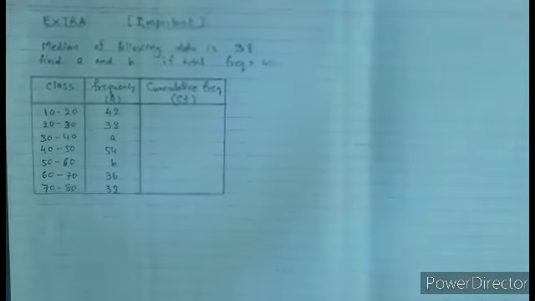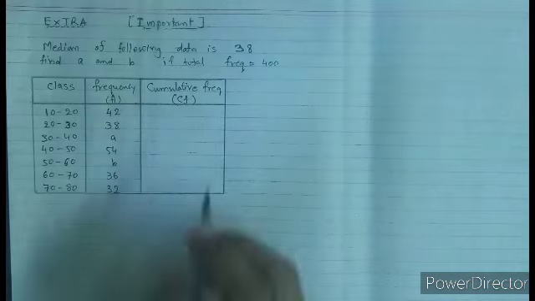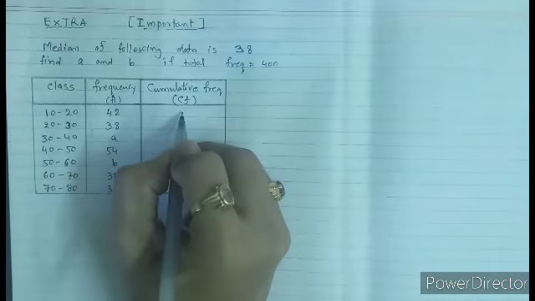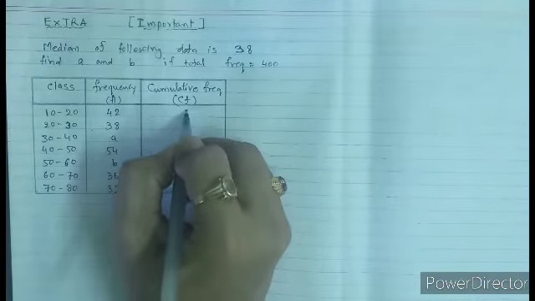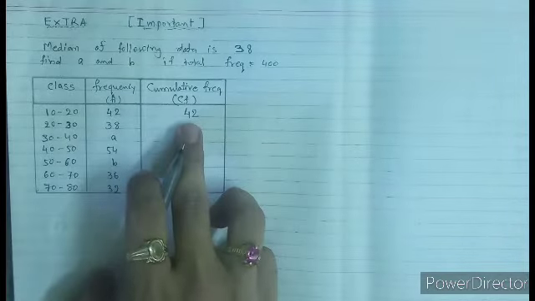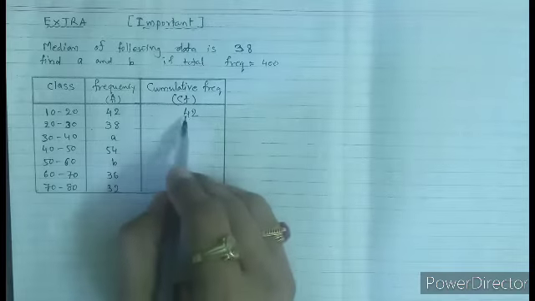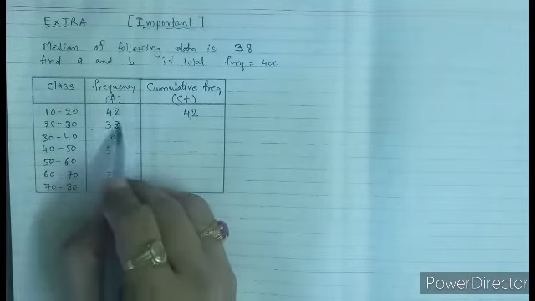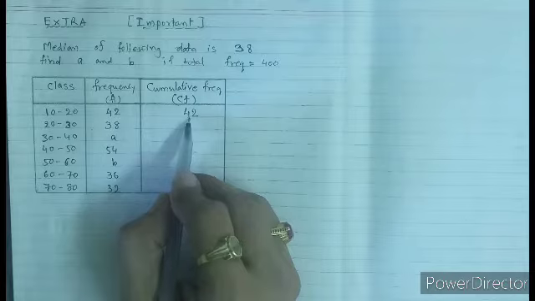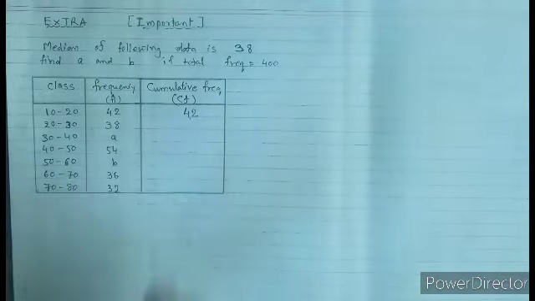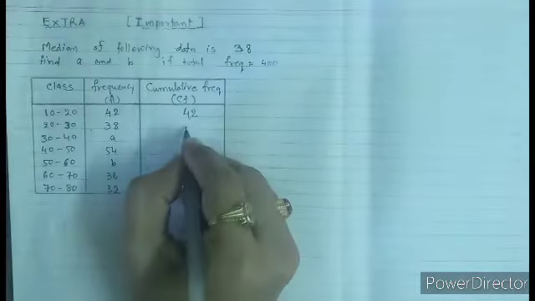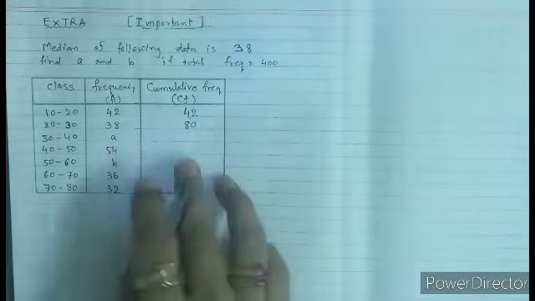Let us find the cumulative frequency. For class 1, the cumulative frequency is the same as the frequency, so it will be 42. Now we have to keep on adding this cumulative frequency to the frequency of the next class. So for class 2, 42 plus 38, the cumulative frequency will be 80.